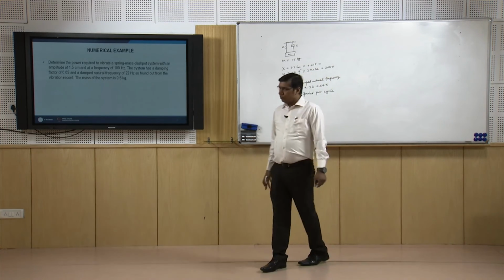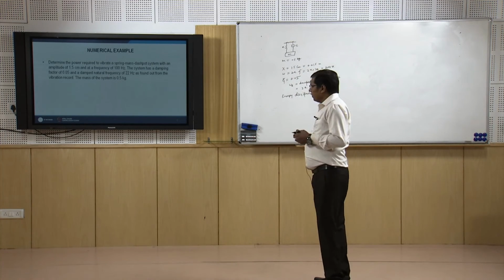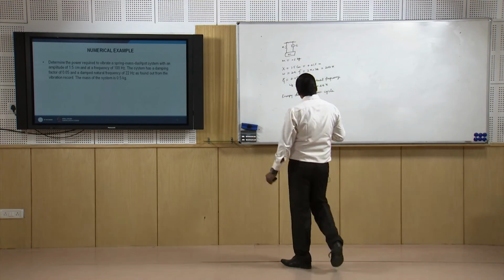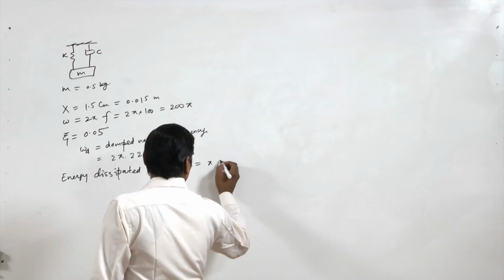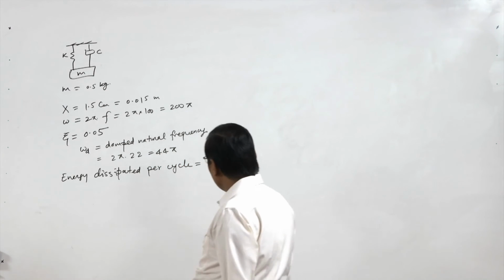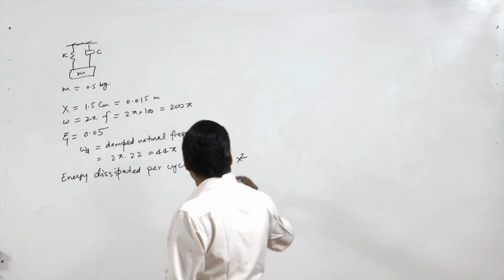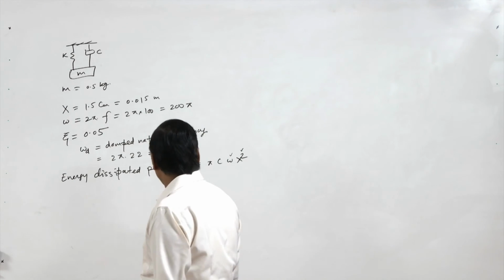Because this is a viscous damping, we just derived the expression: energy dissipated per cycle equal to pi c omega x square. Here we know omega, we know x, we have to find the c.